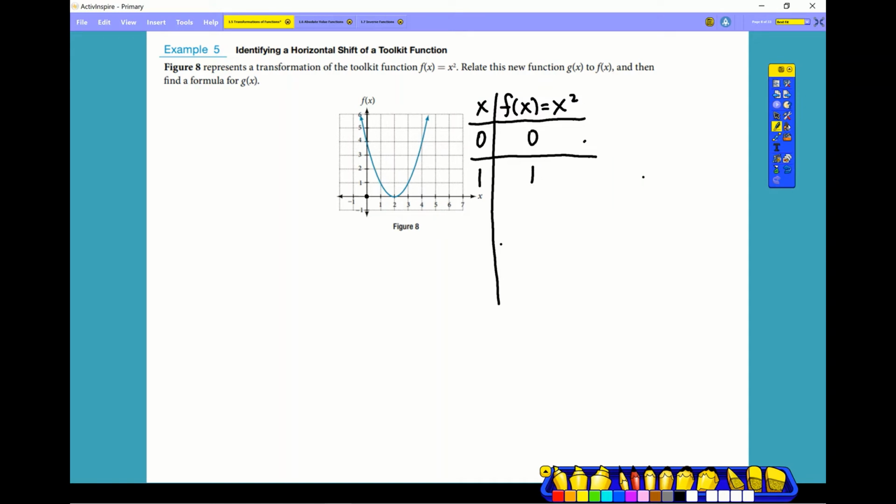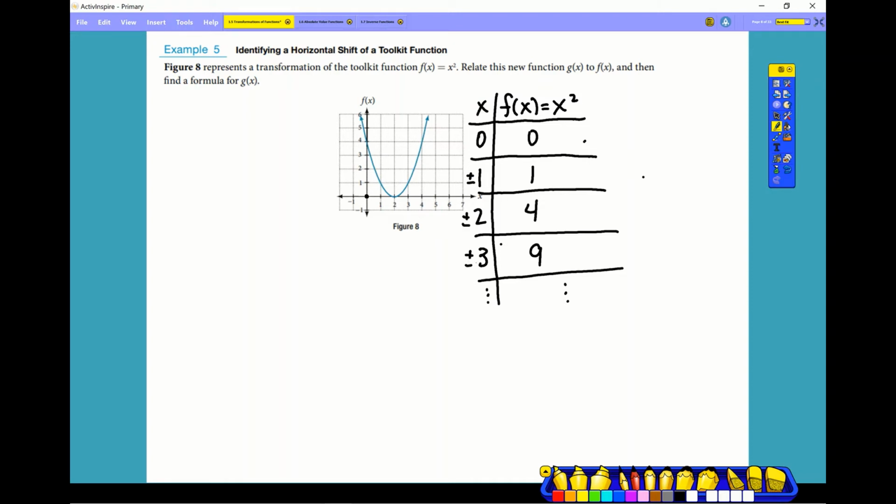At 1, it's going to be 1. At 2, it's going to be 4. We're just squaring everything. At 3, it's going to be 9, and so on. And since you can put negative values in and get the same value as for a positive value, this is going to be true for all the positive and negative values.